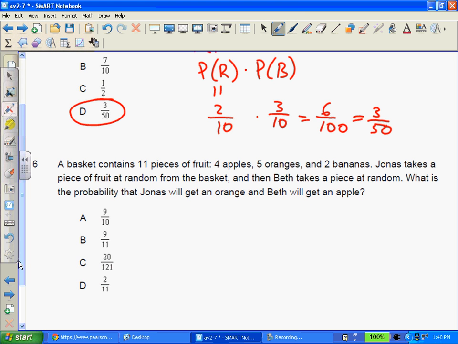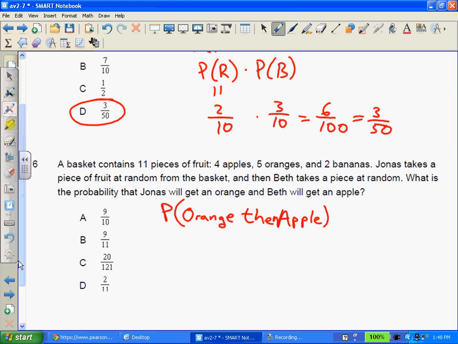So that's the probability of orange then apple. And this is dependent probability because you're not going to put the fruit back in the basket after you've taken a bite.